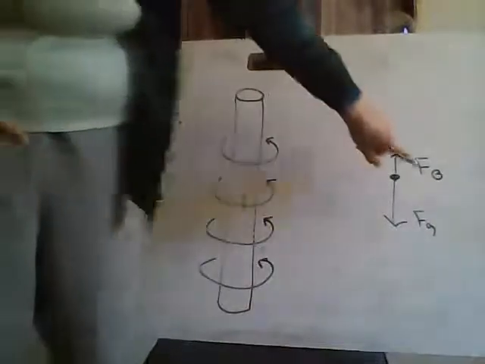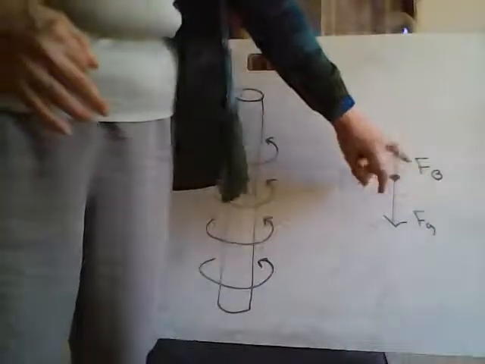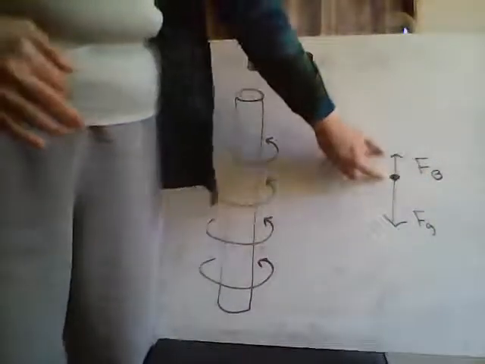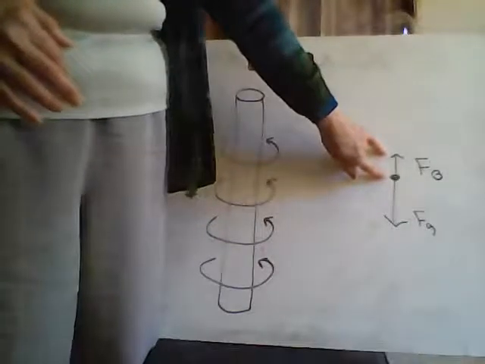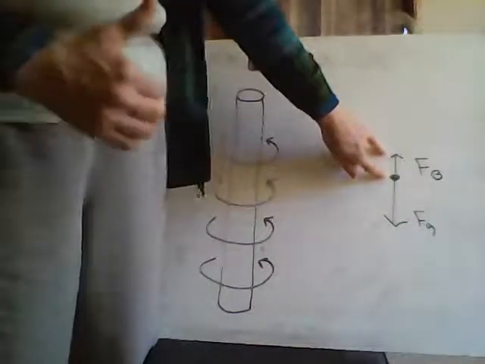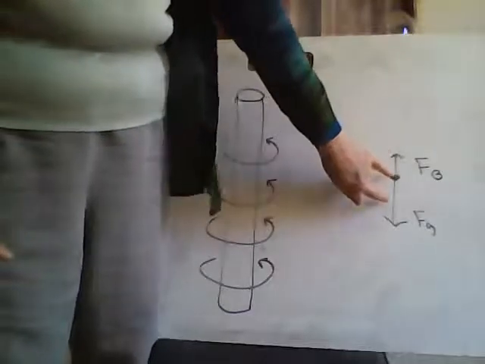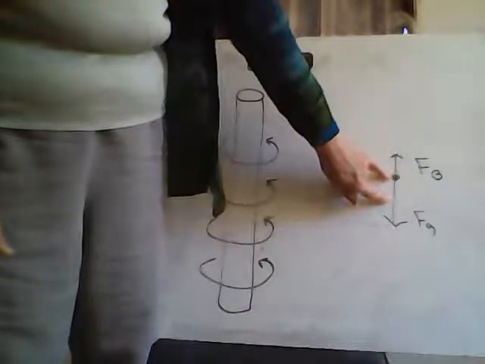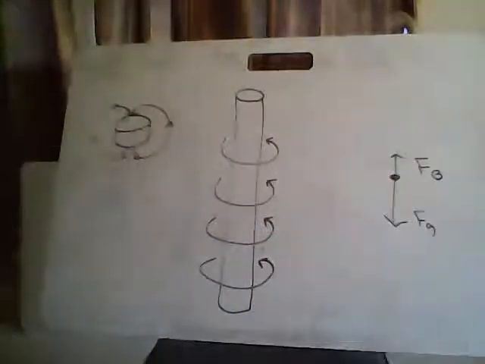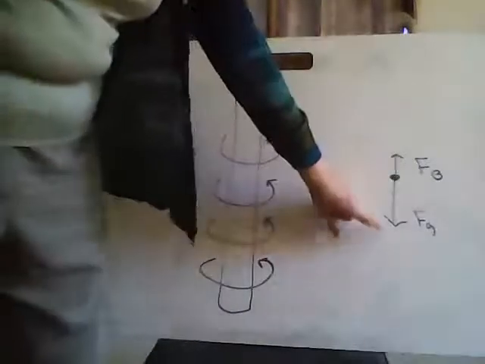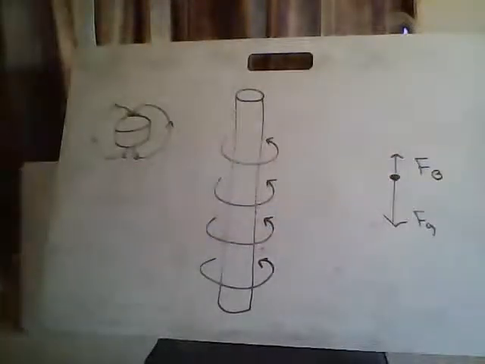That represents the magnetic field. This is the force. And you can see that that magnetic field is pushing up on the magnet, but it's smaller than the force due to gravity. So we know that it's going to continue to fall because this force is greater than the one pushing up on it.